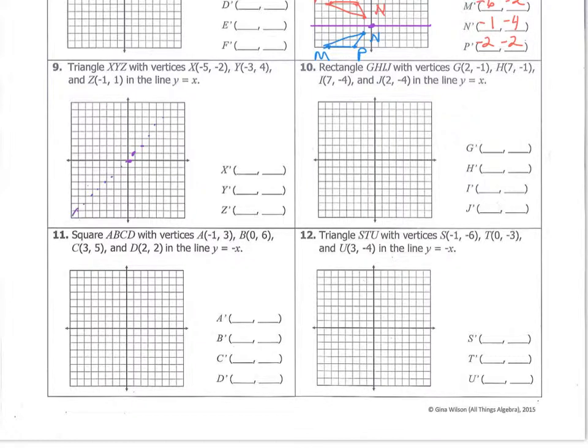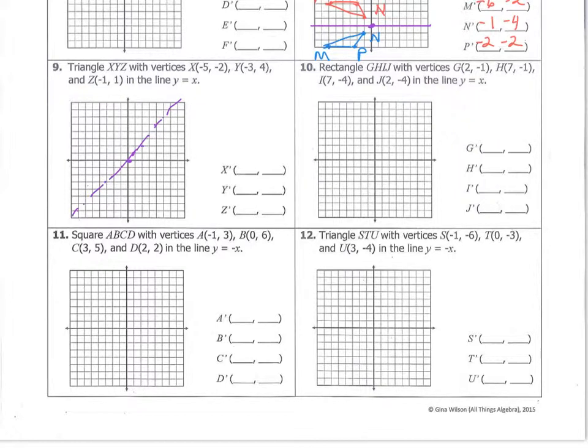Alright, so it's going to be hard for me, but I'm going to draw in my line of reflection. I missed it a smidgy bit, but you get the idea. It's going to be really hard when we draw our image to actually count distances away because it's a diagonal distance, and we can't count diagonally in the coordinate plane. So I'm going to give you an easy way to figure it out, but let's go ahead and draw our preimage first.